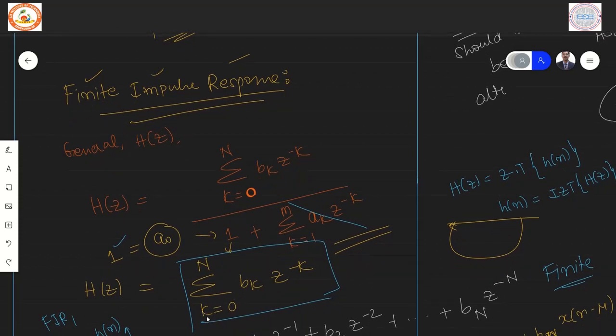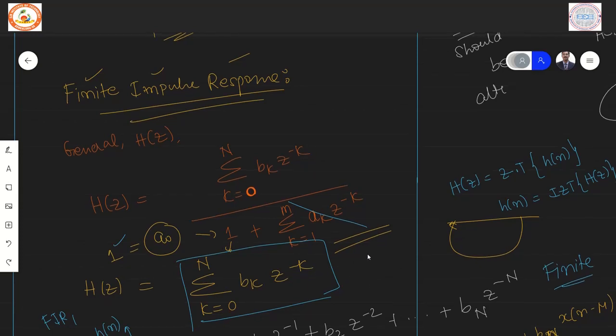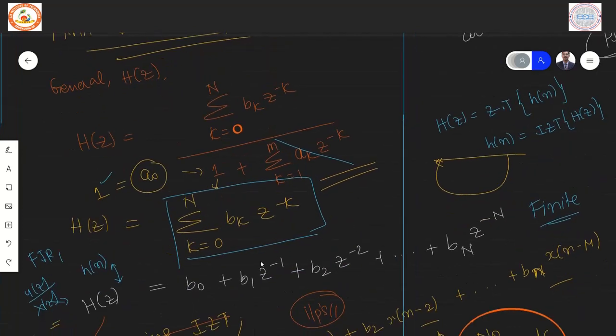We have summation k equal to 0 to n of bk z to the power of minus k. Now if you expand this, the equation will be written as b0 plus b1 z inverse plus b2 z to the power of minus 2 and so on till the last term bn z to the power of minus n. The length of this is definitely finite and it is controlled by the coefficients which are called bk.